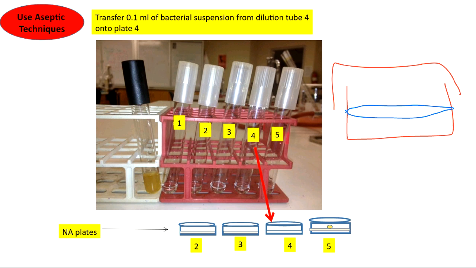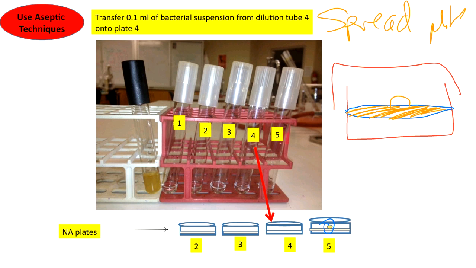And the little drop, the little 0.1 mil, is going to be placed on top of the agar. And then we take something called a hockey stick, which is a little glass rod, and we spread, hence the name spread plate, the drop through the surface of the agar.